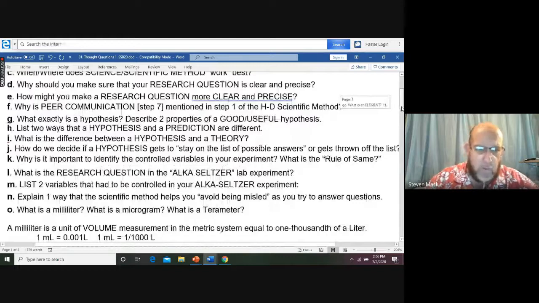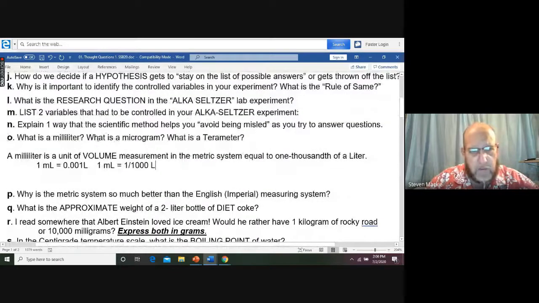Okay. So what about microgram? A microgram is a unit of weight measurement. Gram means weight. In the metric system, equal to 1 millionth. That's what micro means. 1 millionth of a gram. A terameter is a unit of length measurement.